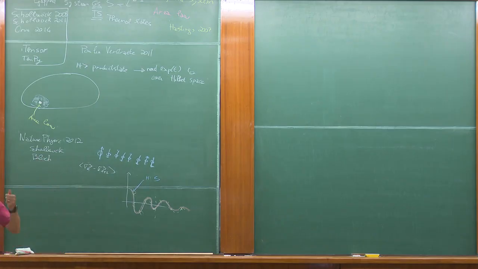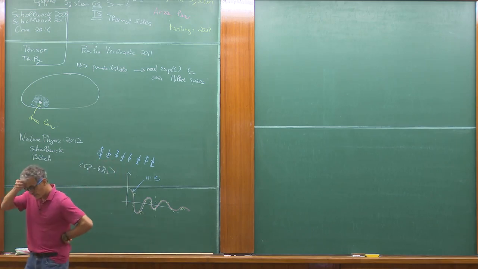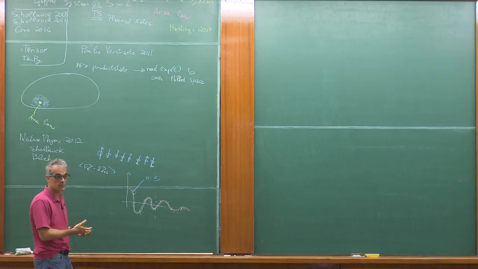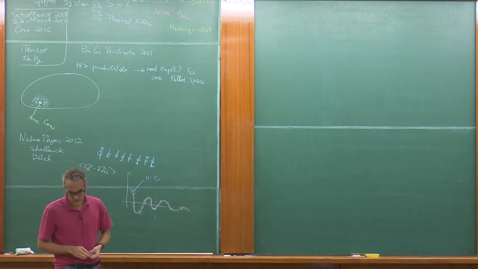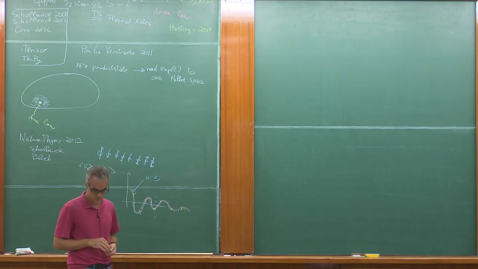It looks like some kind of damped oscillation. We don't know exactly how damped, but the dynamics were not particularly shocking. So when you look at this, you will think this should be in a sense easy to simulate, right? But we are not able to simulate this thing. So maybe there is something we can still improve, and maybe some of you will have ideas how to improve on this.